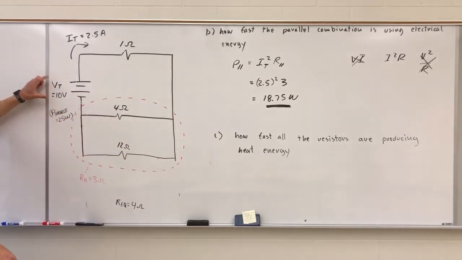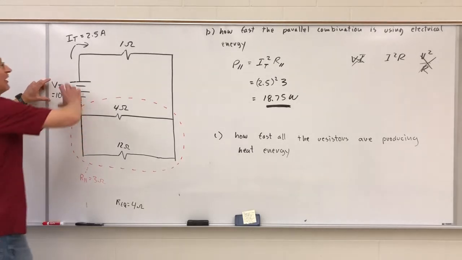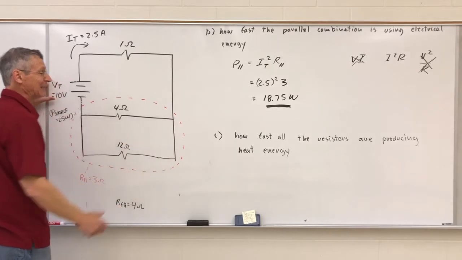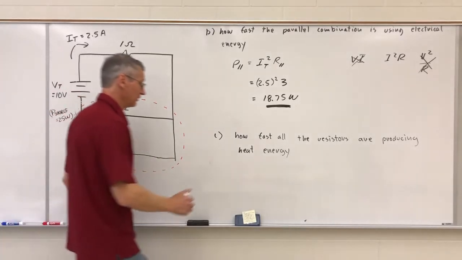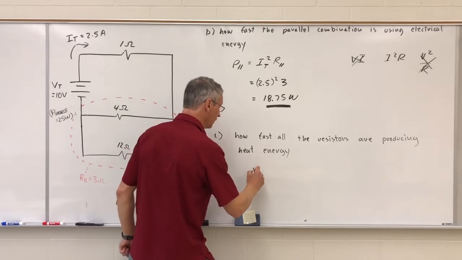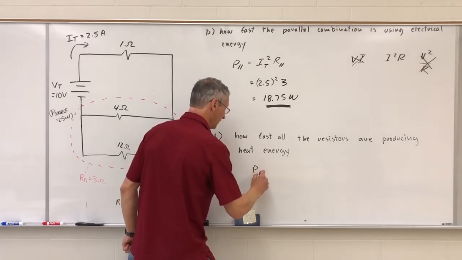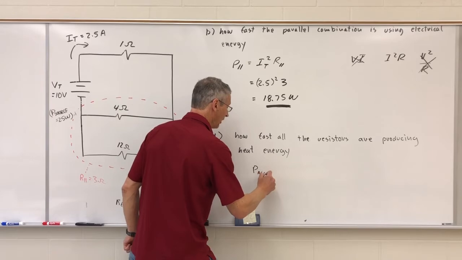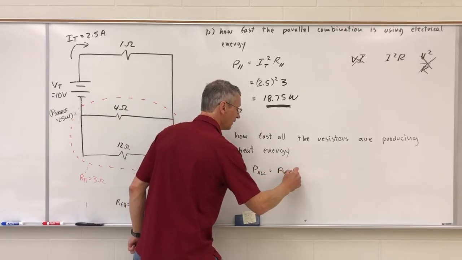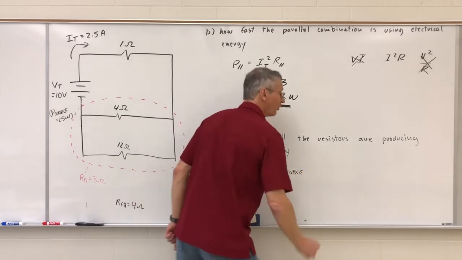So however fast the source is producing electrical energy, that's how fast the resistors are producing heat energy. In other words, how fast the resistors are producing heat energy? Well, we'll call that the power of all the resistors. Well, that's going to be equal to the power of the source.